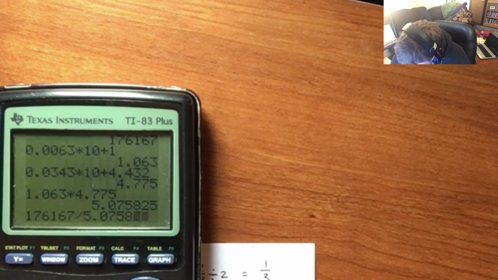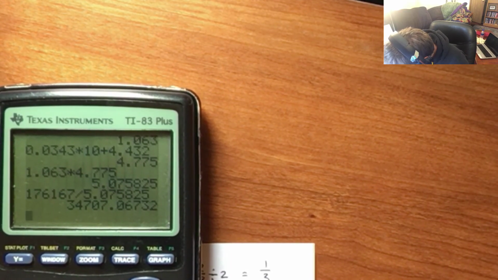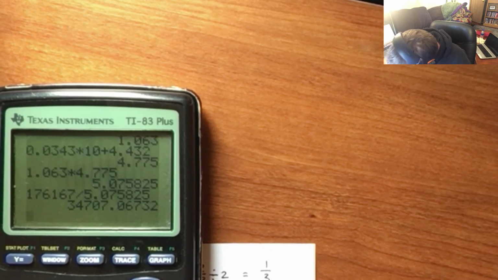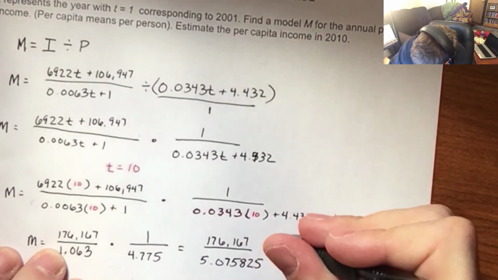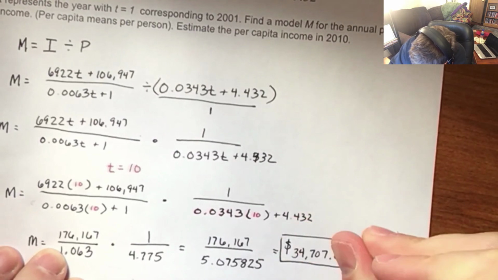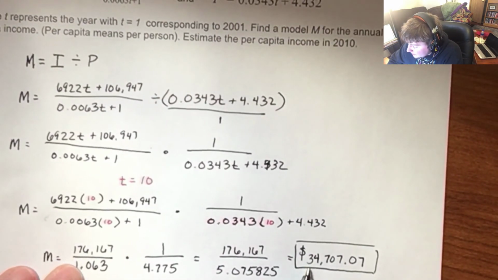That gives 35,075.825. And I'm going to round to the nearest hundredth because we're talking about dollars and cents. So what does this mean when it's all said and done? This is the estimated per capita income in Alabama.